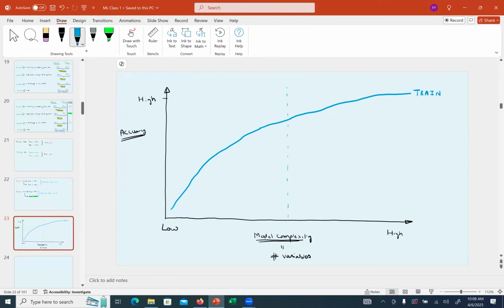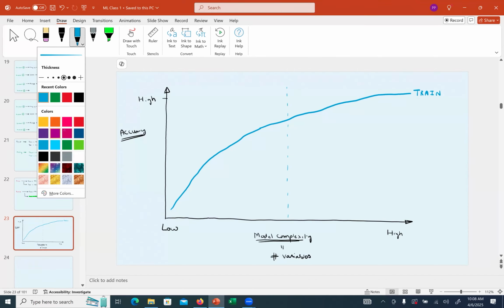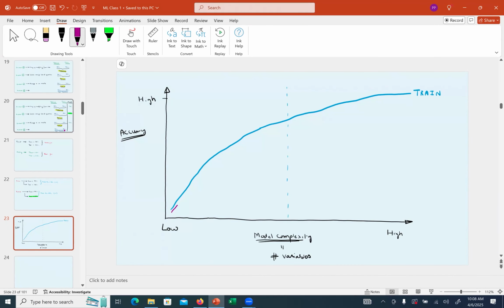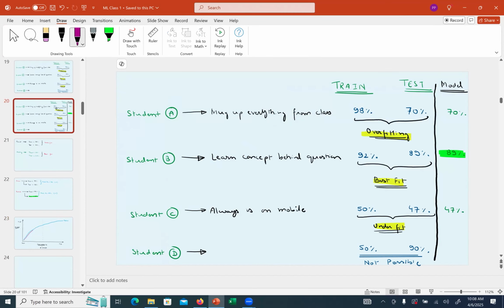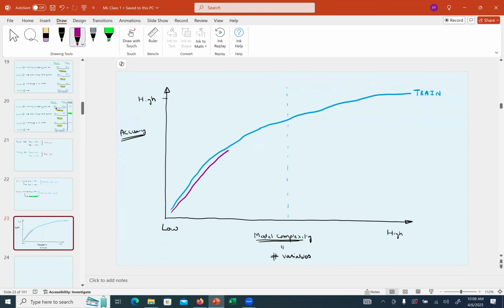But when it comes to your test data accuracy, as you start adding more variables, it will start going up, but it will be a little lower than train data. If you look at all the examples, I have always said the test data accuracy will be a little less than train data.